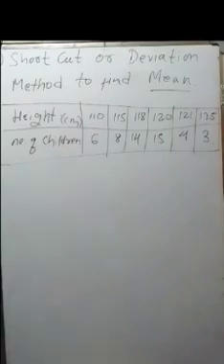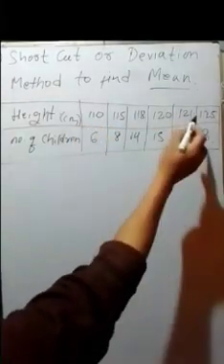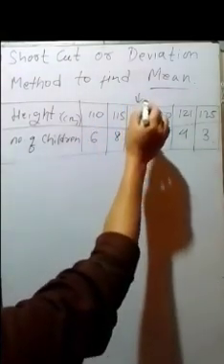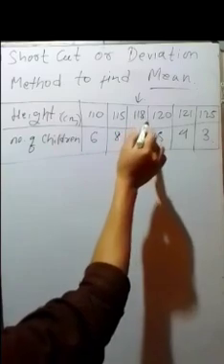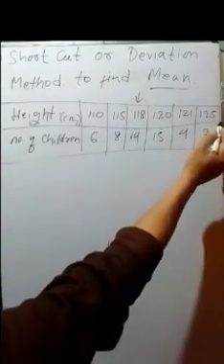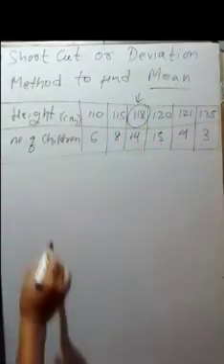Clear? Now first, from these heights we have to take the average height. Suppose 118 is the middle. Lowest is 110 and highest is 125. That's why the middle is the assumed value.